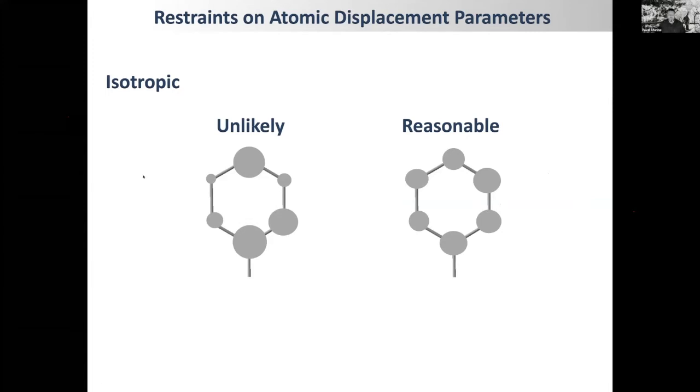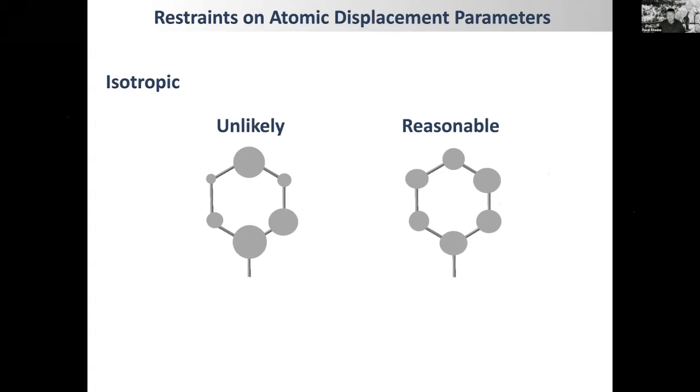So we also apply restraints on atomic displacement parameters, and this little picture illustrates the concept. Essentially, B factors cannot be very different for atoms that are covalently bonded. Why?